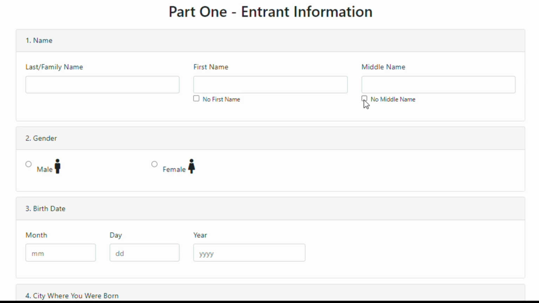If you don't have a middle name, check this box here. If you have 4 or 5 names, then you can put the family name here, and then the first 2 names here, and then the middle name here, just as they are on the birth certificate.